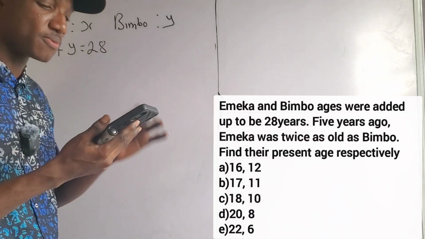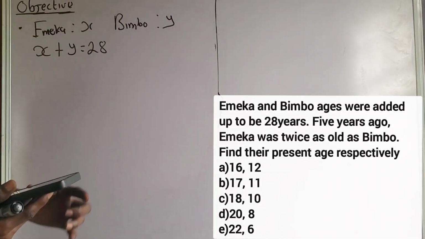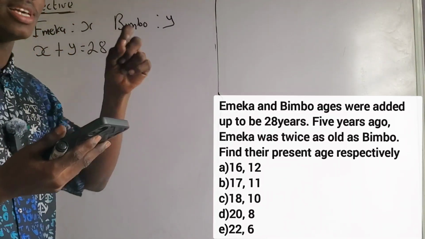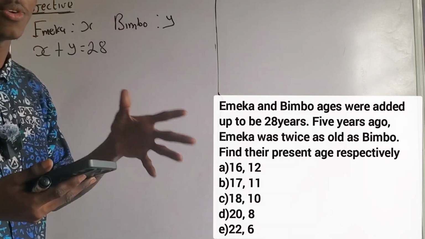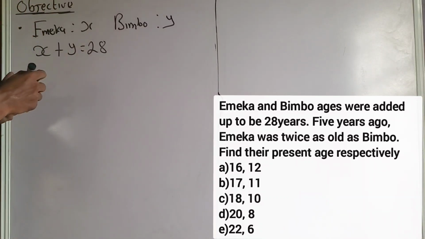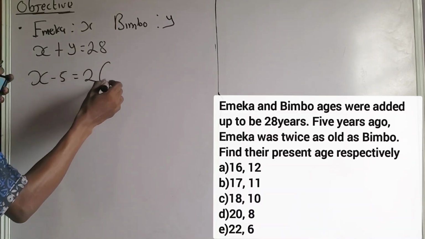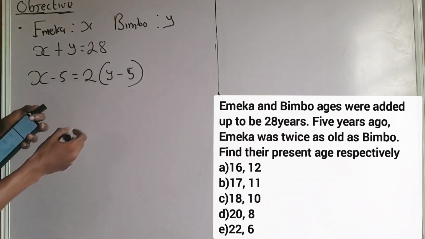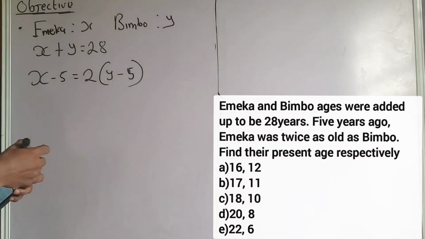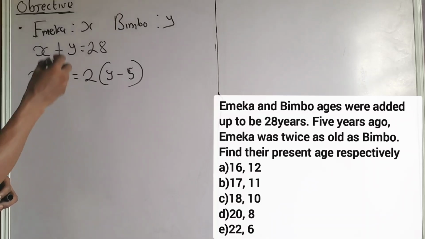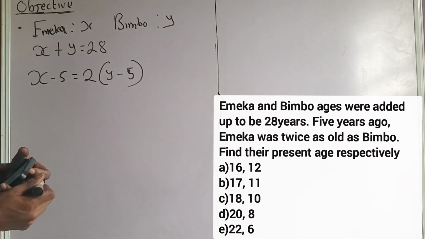Now, from the second statement, 5 years ago simply means their present age minus 5. You understand? That is the meaning of 5 years ago. So 5 years ago, Emeka was twice as old as Bimbo. So 5 years ago, x minus 5 equals 2 multiplied by y minus 5. Are you getting it? We've already represented Emeka's present age as x and Bimbo's present age as y.